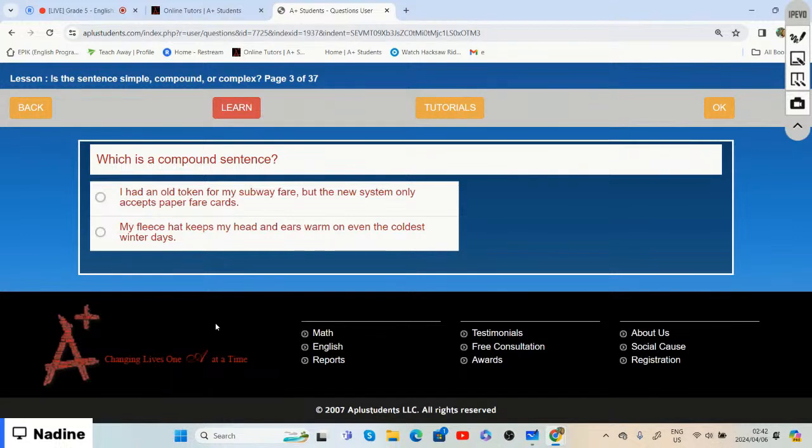We need to select the correct option that tells us which is a compound sentence. A compound sentence consists of two simple sentences that are joined by a comma as well as a coordinating conjunction, either and, but, or so.